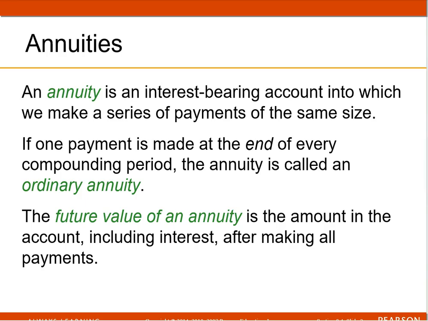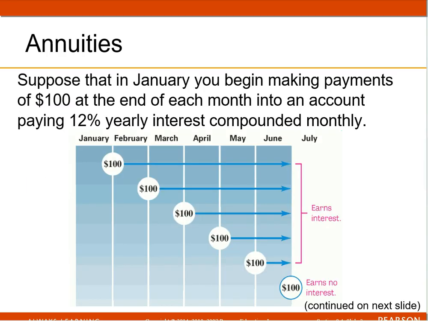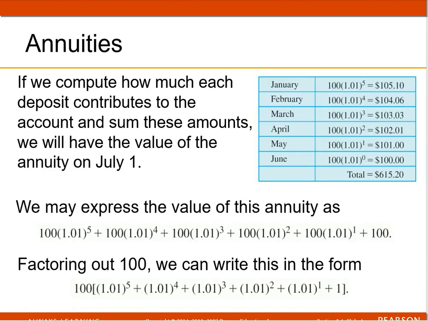Anyway, they call it an ordinary annuity, and the future value of the annuity is the amount in the account, including all the interest that you earned after making all the payments, and depending on how long you want to leave it there. And then this slide is supposed to kind of show you what happens over time, but I don't think it's that great of a slide, so I just kind of slide past it.